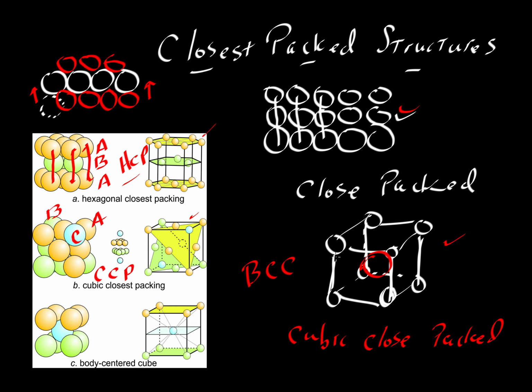We've got the body of a cube, and then we've put something in the center of it, hence the name body-centered, or BCC. Again, that is not a closest packed structure, but it is a close packing of the atoms. This would be a cesium chloride structure, for example, in this case here.